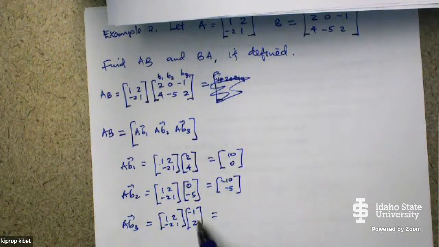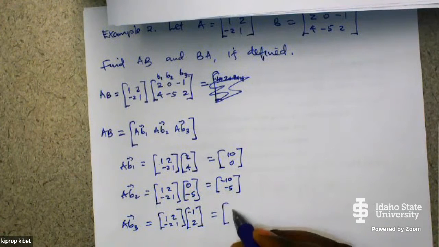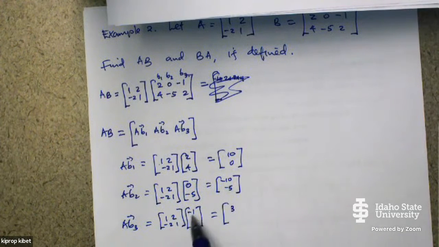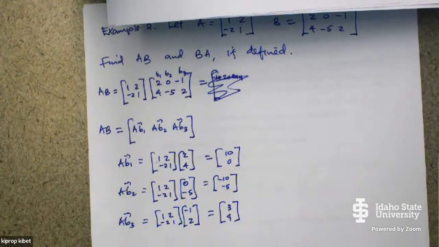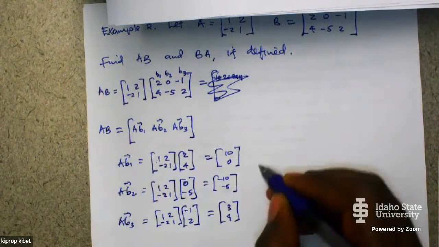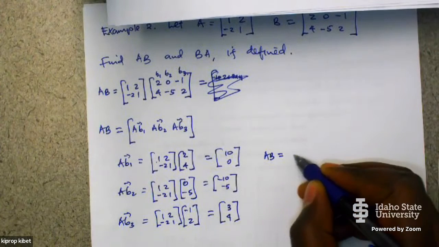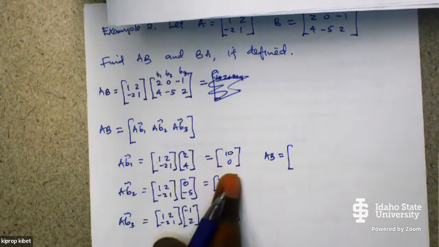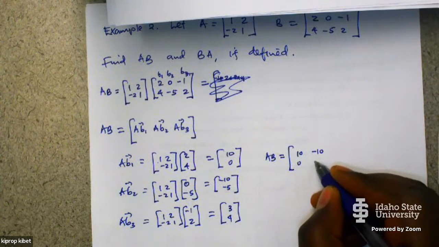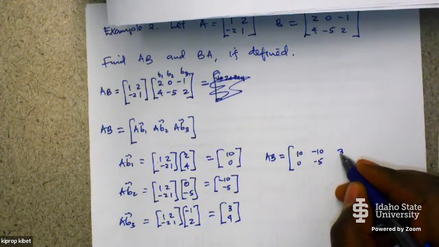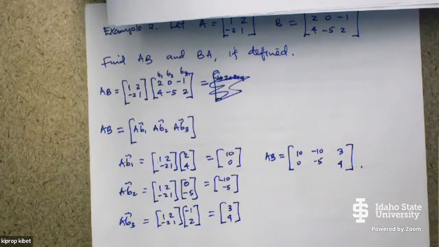Then negative 1 and 4 gives 3, and 2 and 8 gives 4. Now AB, bringing back these columns, is 10, 0, negative 10, negative 5, and lastly 3 and 4.